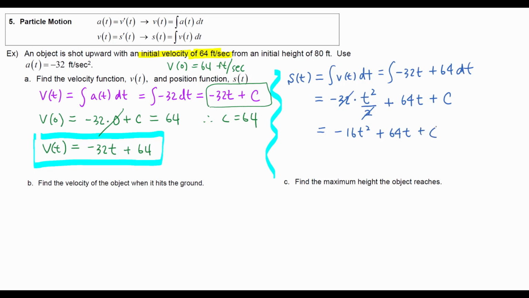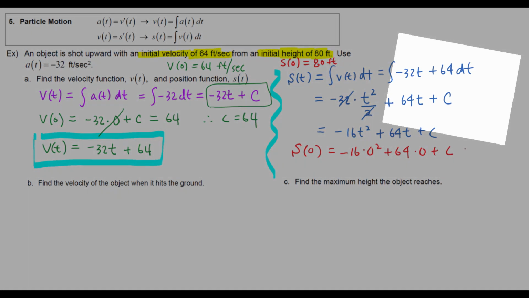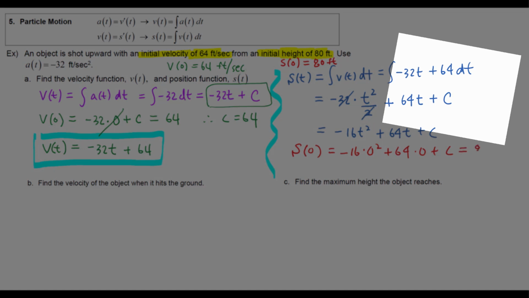And they also said the initial height was 80 feet. And the initial height, of course, is s of 0. At time 0, the object was 80 feet high. So now you can plug 0 in for t to find out what c is. That will be negative 16 times 0 squared plus 64 times 0 plus c, and they said that is 80.